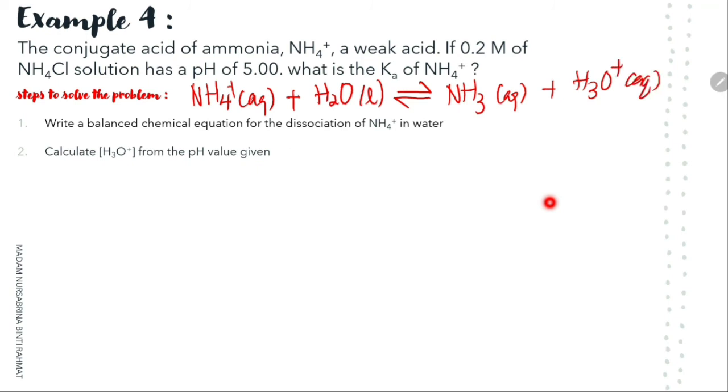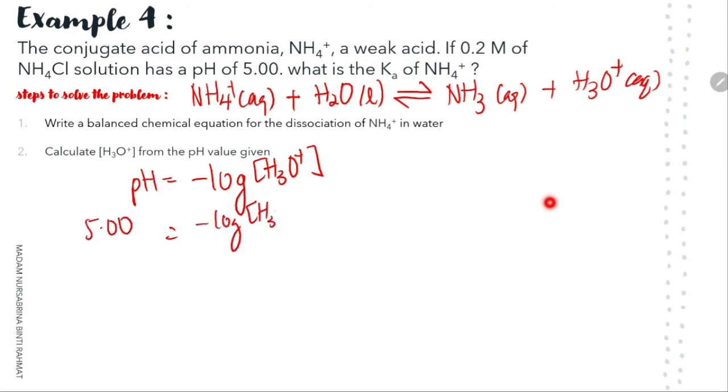Then you are given the pH to be 5.0. pH equals negative log H3O plus. So from the given pH value, you can calculate H3O plus.